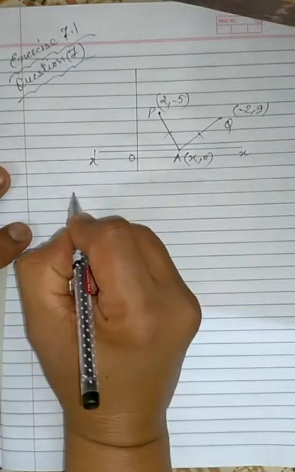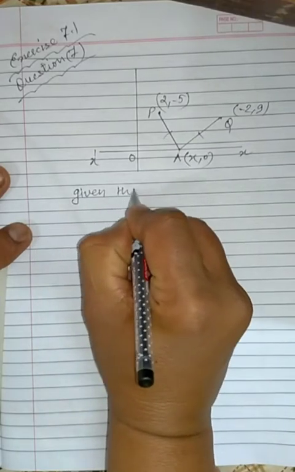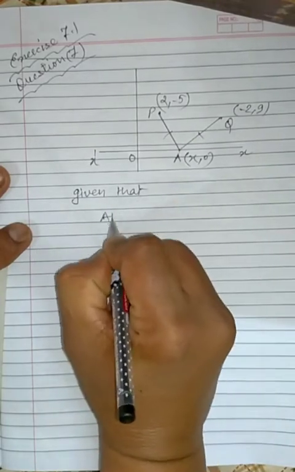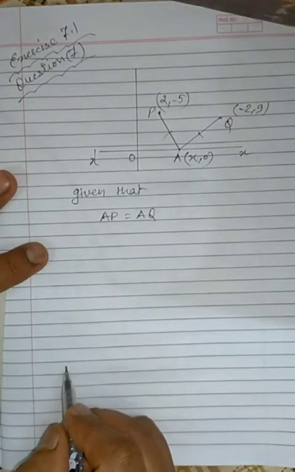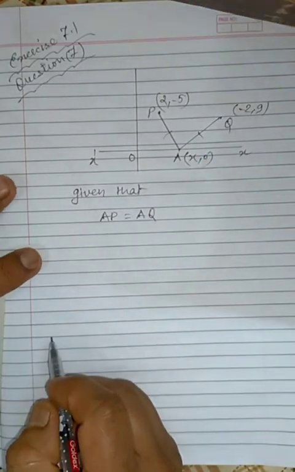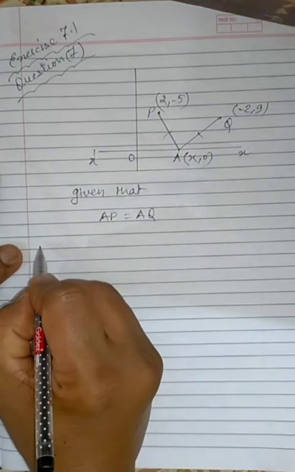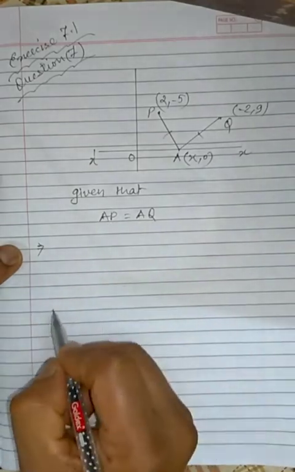Given that AP is equal to AQ, because A is equidistant from P and Q, so we can find out the distances AP and AQ.